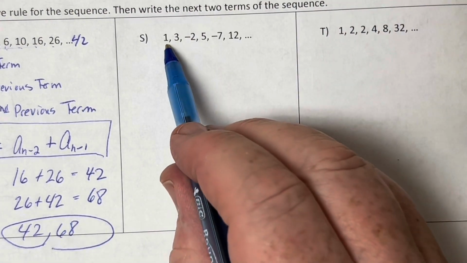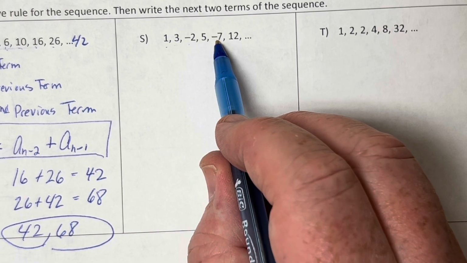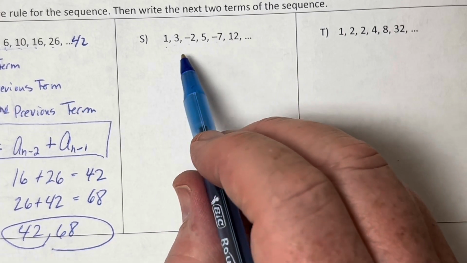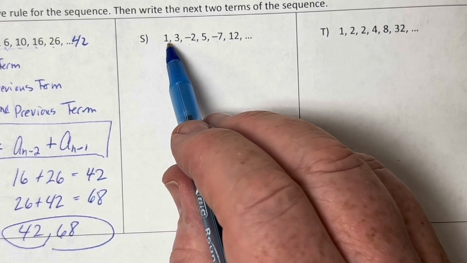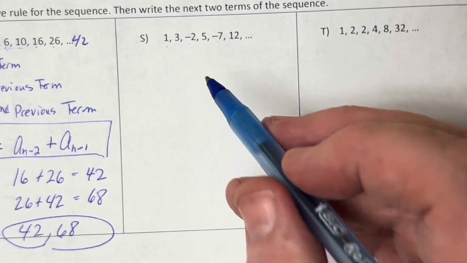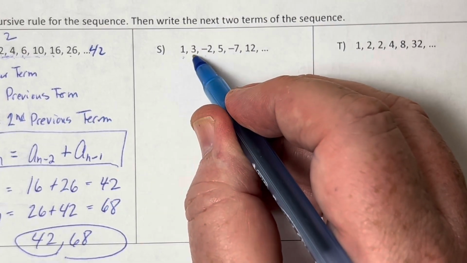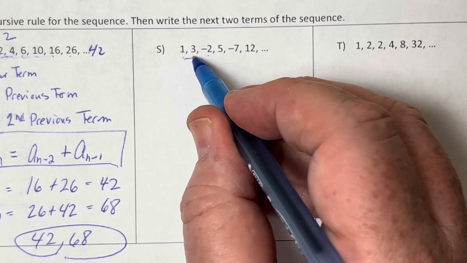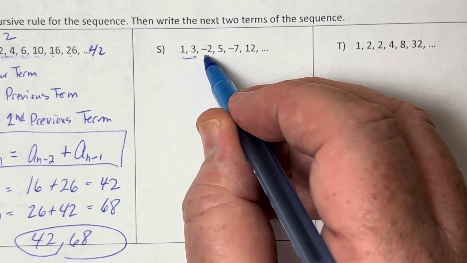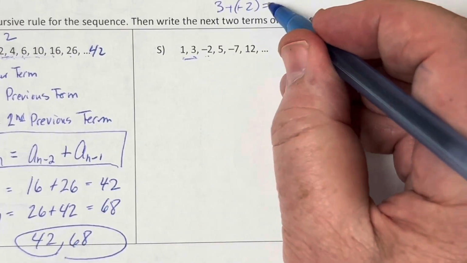All right, S, we have 1, 3, negative 2, 5, negative 7, 12. If you notice, this is kind of the opposite of R. 1 minus 3 is negative 2. And then 3 minus negative 2, we do keep, change, and we get 5.